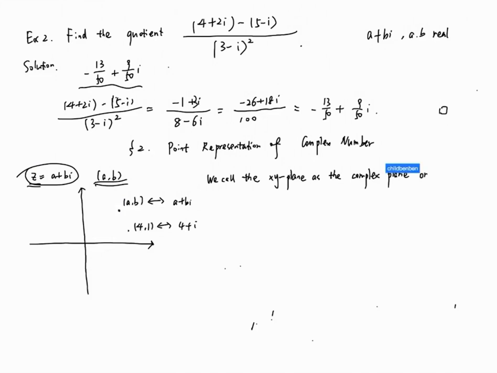Or sometimes we call it the z-plane, since z stands for the complex numbers. And this is x and y. The x-axis is called the real axis, and the y-axis is called the imaginary axis.